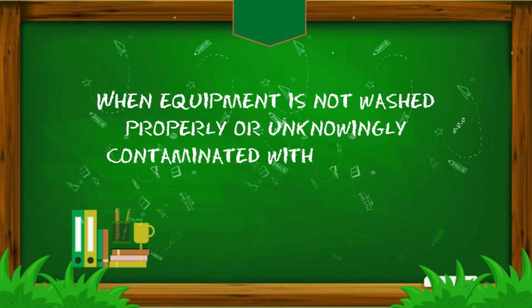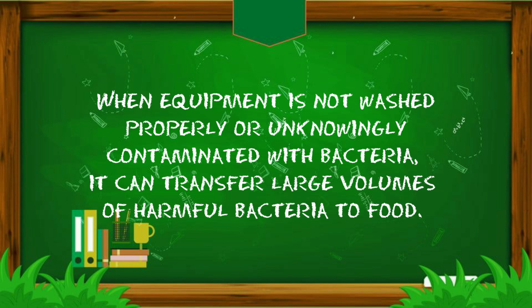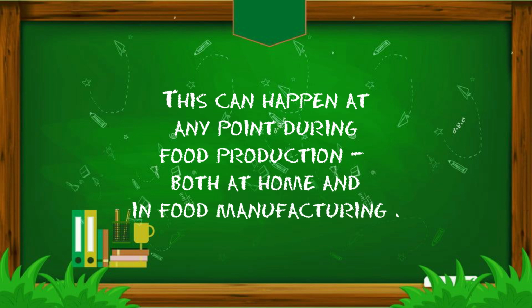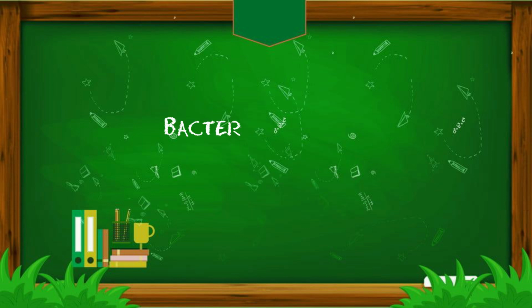When equipment is not washed properly or unknowingly contaminated with bacteria, it can transfer large volumes of harmful bacteria to food. This can happen at any point during food production, both at home and in food manufacturing.